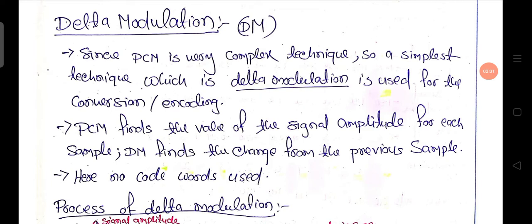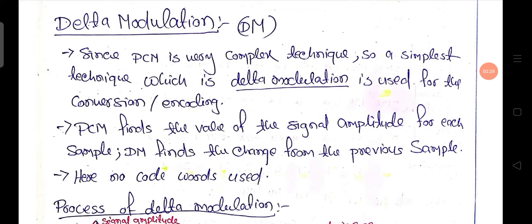There are three processes, so it is a very complicated encoding technique. But in the case of delta modulation, it is very simple, because there is only one process.